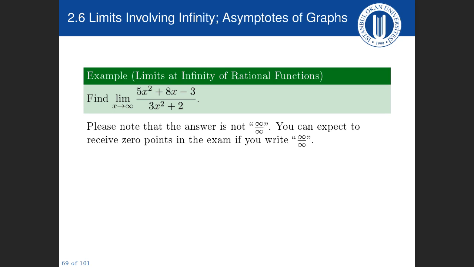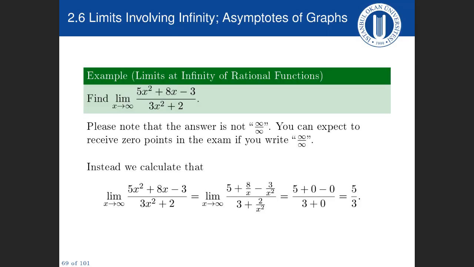So what can we do for something like this? What we can do is look for the biggest power of x and then divide through by that. I have x to the power 2, x to the power 1, and then just a number. And then on the bottom, x to the power 2, and then a number.